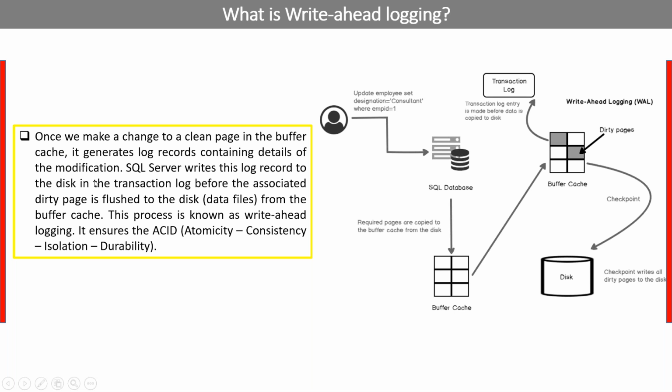Whatever changes you are performing, Microsoft treats them as log records and writes those log records into the transaction log via log flush. Internally, there will be a log flush here, sir. Again, I will discuss that in the log file architecture itself.